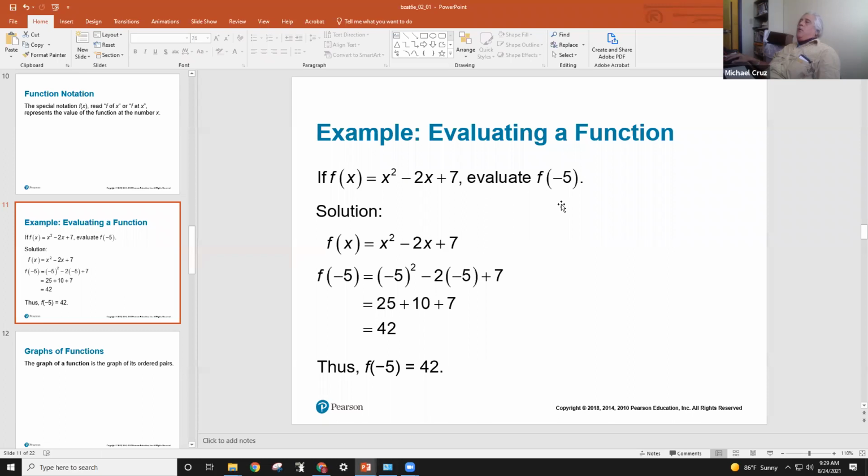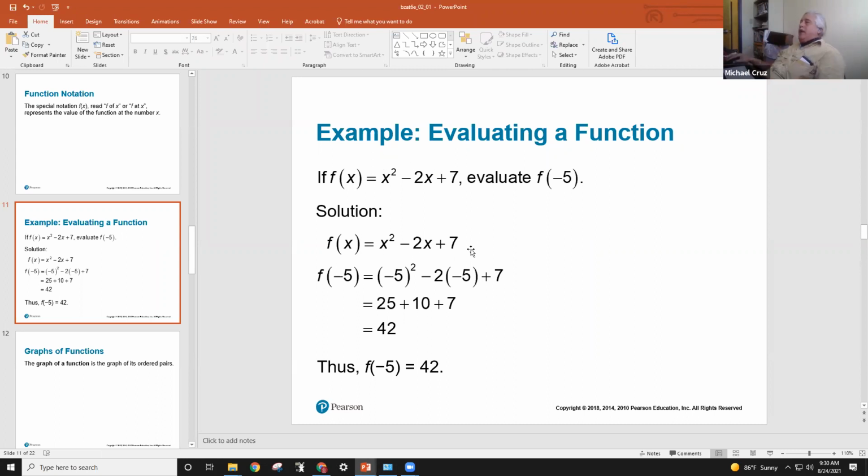You could write evaluate or find f of -5, and that's a fancy way of saying substitute x equal to such and such into this equation. And when we use the functional notation, it's assuring us that we've got a function that's going to give us exactly one output for every x.